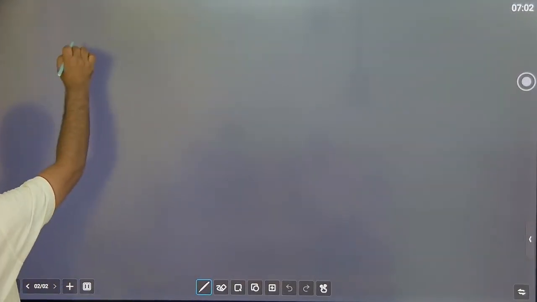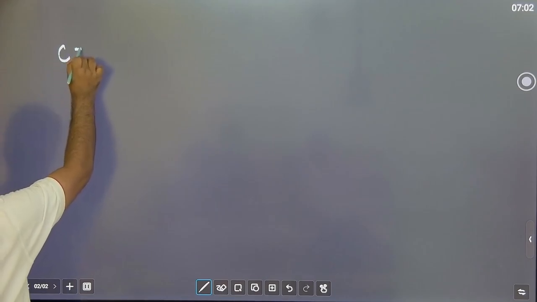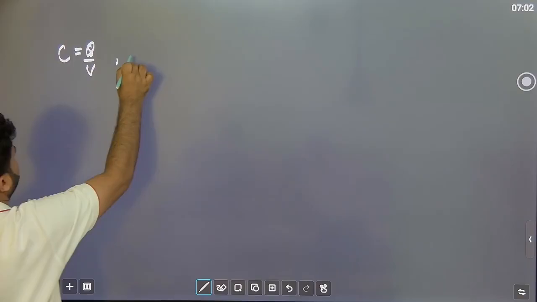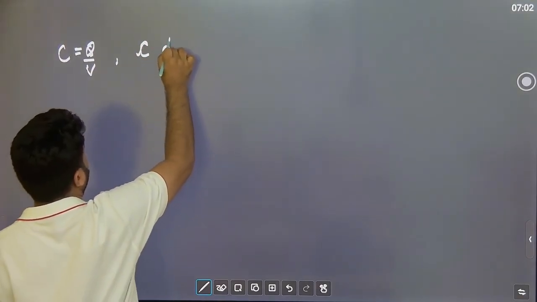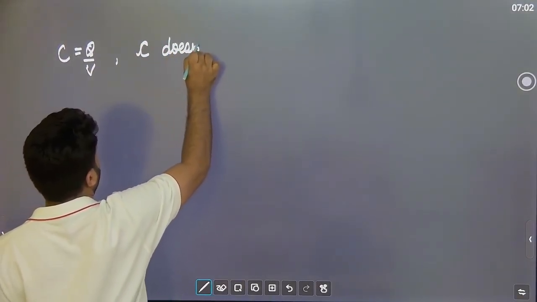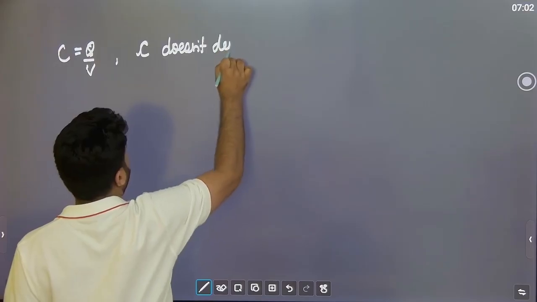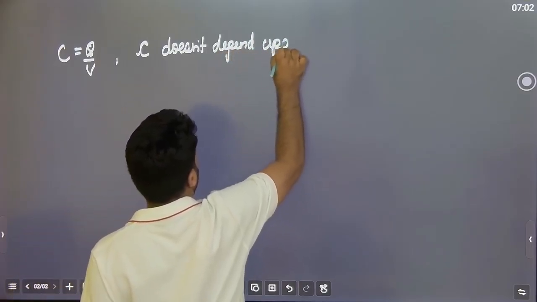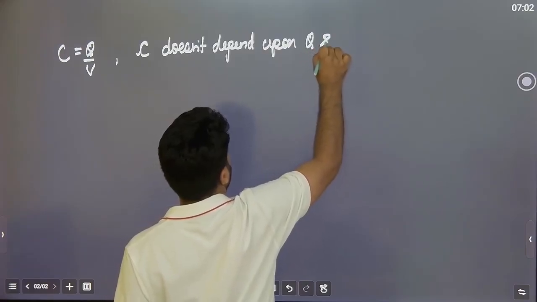So although the formula of capacitance is Q by V, capacitance does not depend upon charge and voltage.